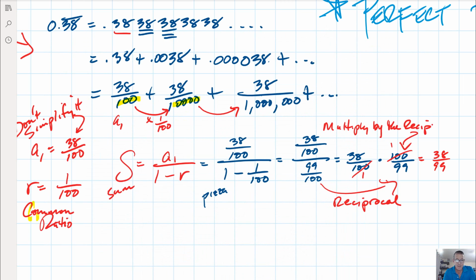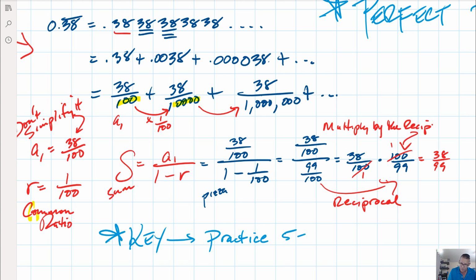Again, this is an example right here that if you just take this one example and you practice 5 to 10 times, I was going to say 3 to 5, but I would say for you guys, 5 to 10 times, to master it. Why? Because you've got to get the process down.